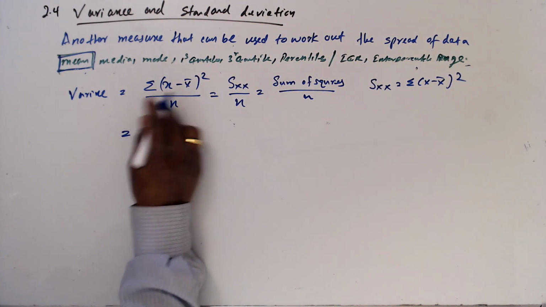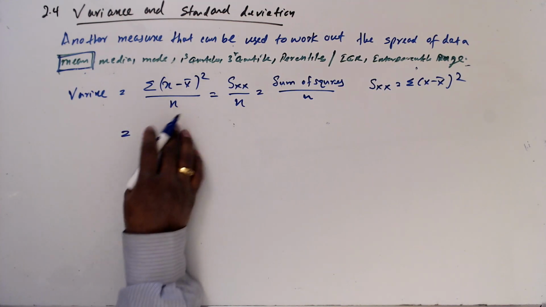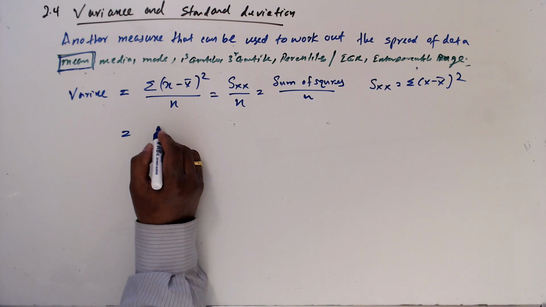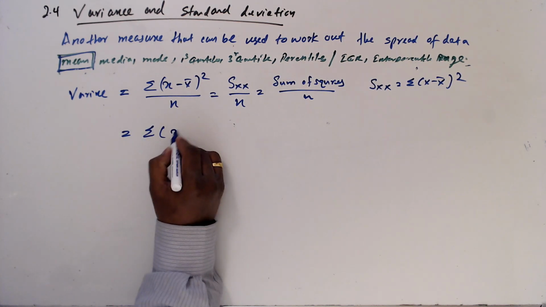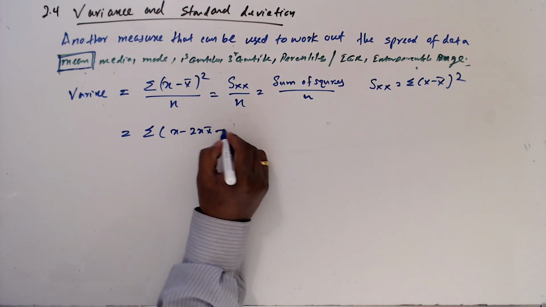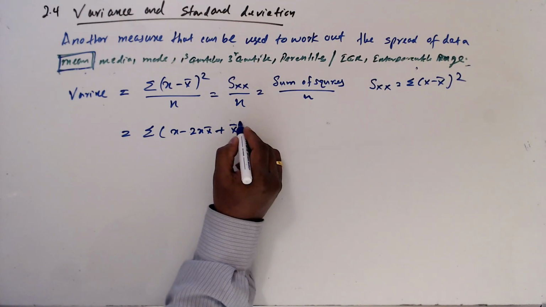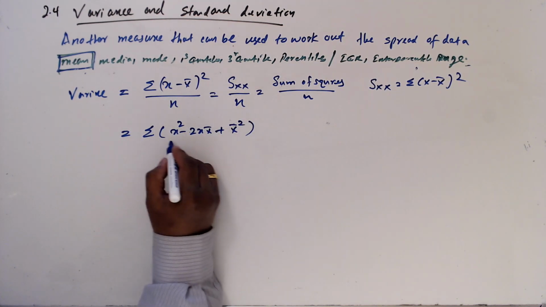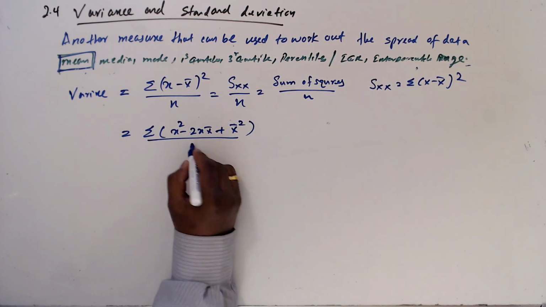I'm going to simplify this variance part for the student who is doing higher mathematics. So summation, this is going to be x minus 2x x bar plus x bar square. This is x square. I square this one, divide by n.